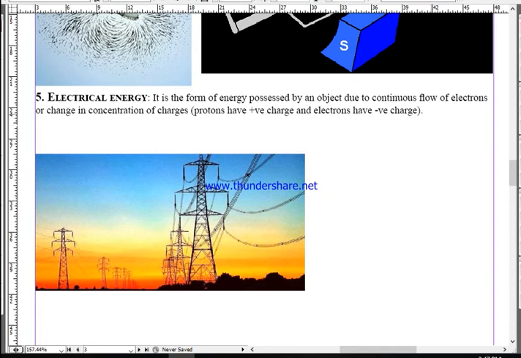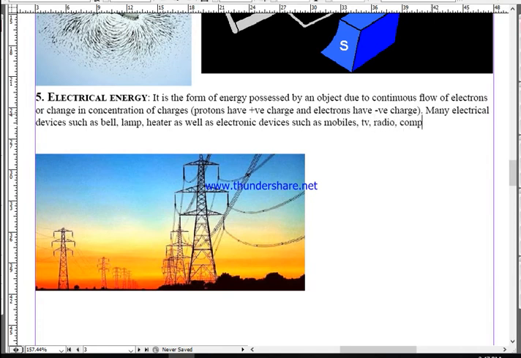And this form of energy is very familiar to us because many electrical devices such as bell, lamp, heater, as well as electronic devices, electric and electronic are different, such as mobiles, TV, radios, computers, etc., operate with electrical energy.